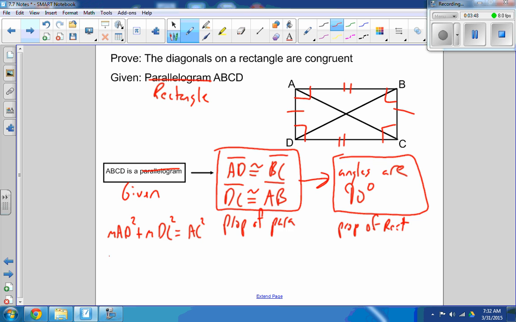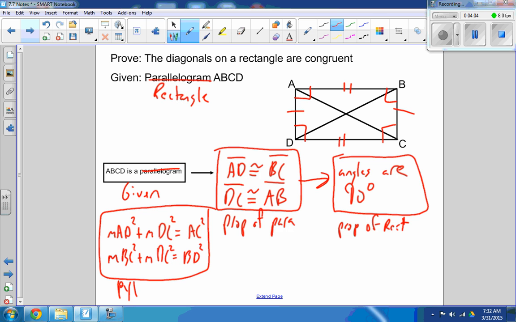And then we do the same thing. The measure of BC squared plus the measure of DC squared equals BD squared. And that is just Pythagorean theorem.